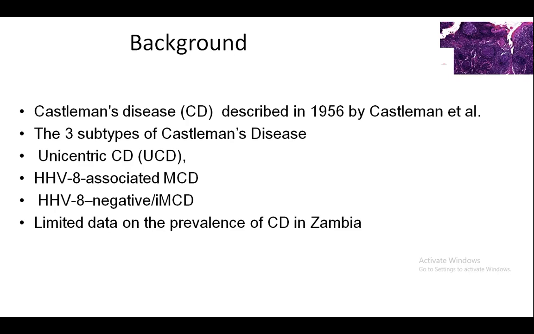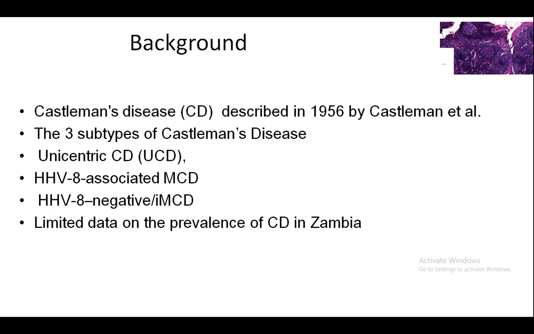Then the second one is human herpes virus 8 associated multicentric disease, which will present with lymphadenopathy, flu-like symptoms, as well as abnormal blood counts and dysfunction of the vital organs.